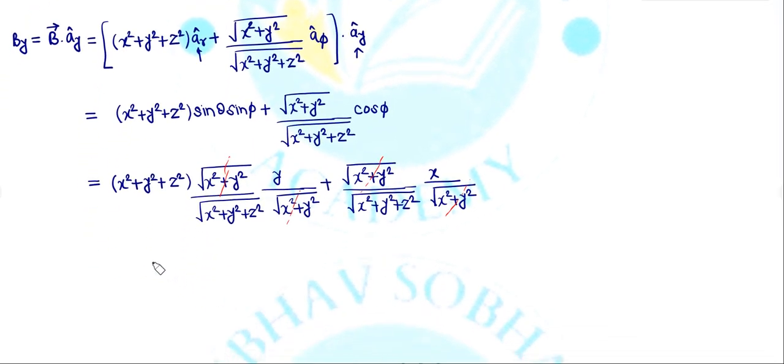So we are left with this value, which is this y. Now again, you can take this square root of x square plus y square plus z square as a common term.